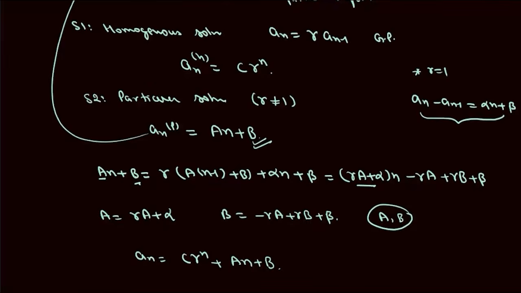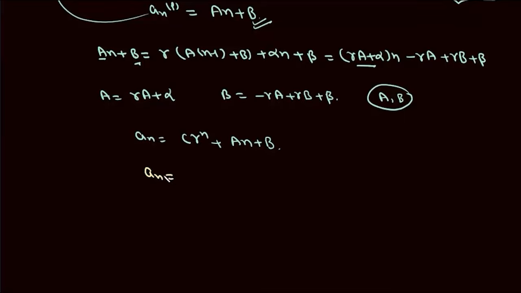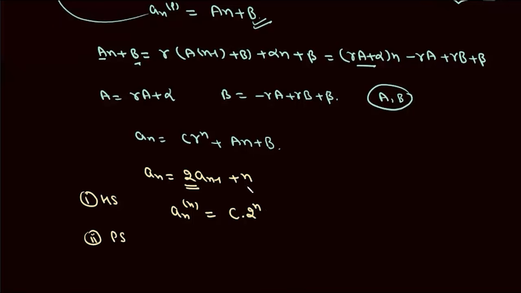So let us take our previous example. Our question was an equals 2a(n minus 1) plus n. Now first we'll find homogeneous solution. For homogeneous solution, value of r is 2. So an h will be some constant c into 2 to the power n, and then we'll find its particular solution.